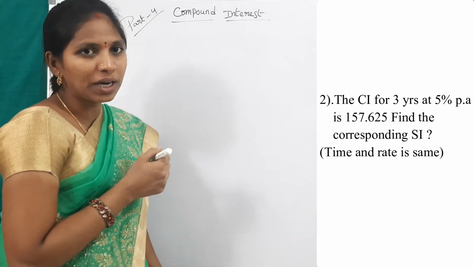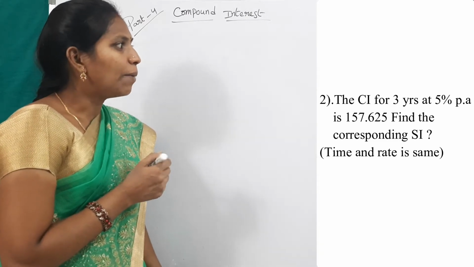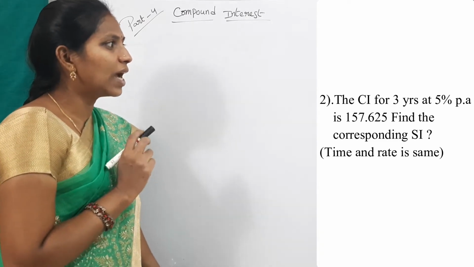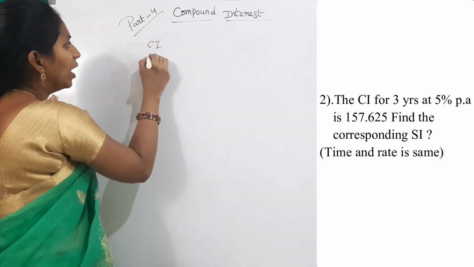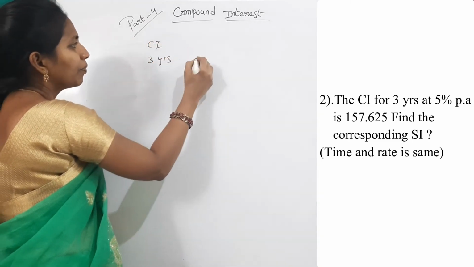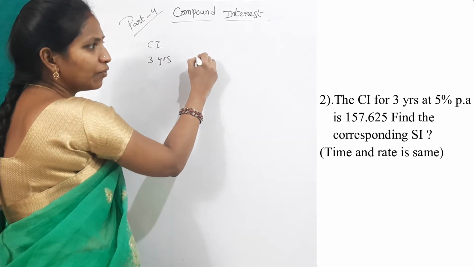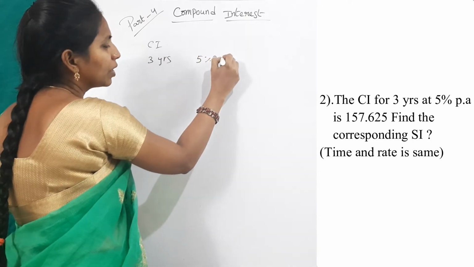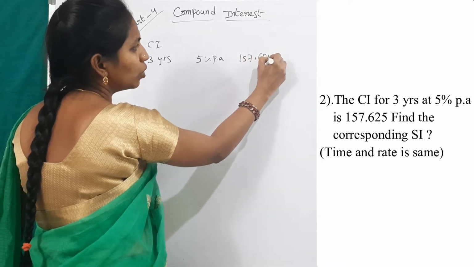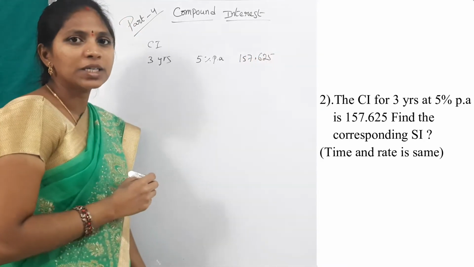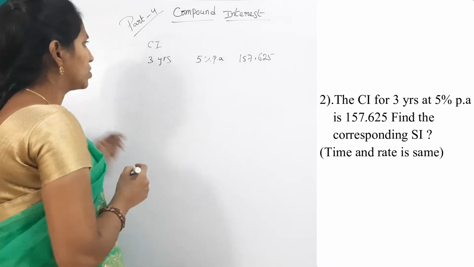Find out the corresponding simple interest. Compound interest for 3 years at 5% per annum is 157.625. Then find out the corresponding simple interest.